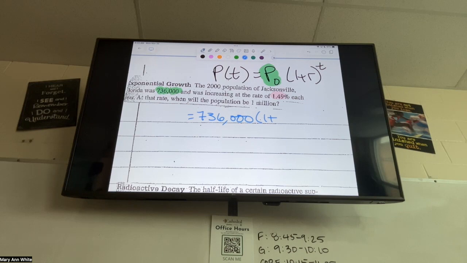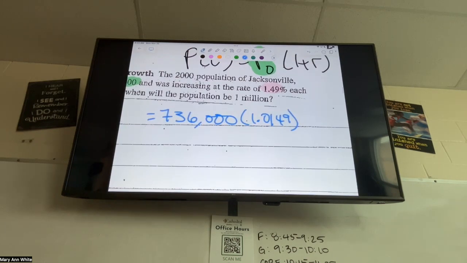That's 0.0149. And I actually don't even have to do the plus. I can just tack it on to the end since I'm adding. When I add 1 plus 0.0149, I get 1.0149. And it's being raised to the T.